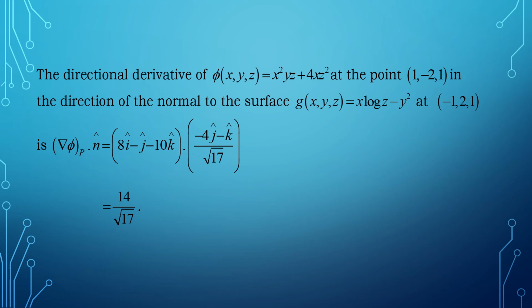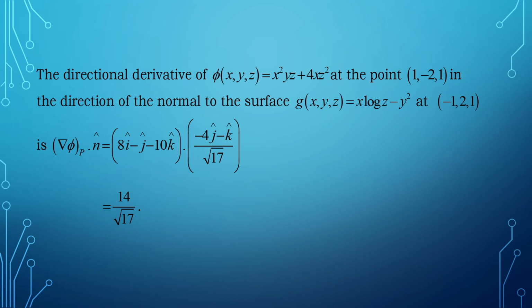Now it remains to find out the directional derivative of the given surface in the direction of n cap, which is also the direction of u cap. For this purpose, we have to find out del phi at p dot n cap. This gives us the required directional derivative.